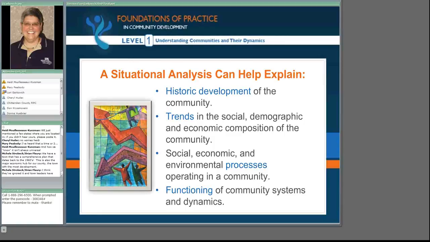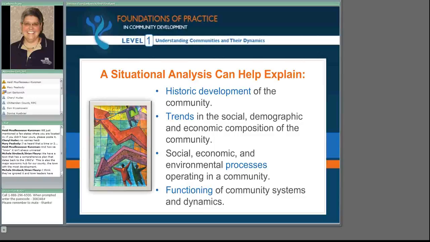The situational analysis can help us see the historic development of the community. I would never argue that history determines who we are or who we will be, but it does help us understand who we are.